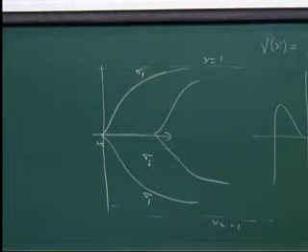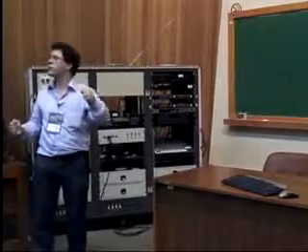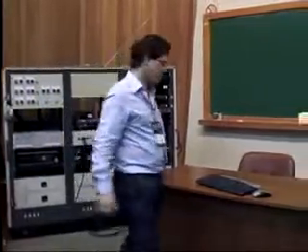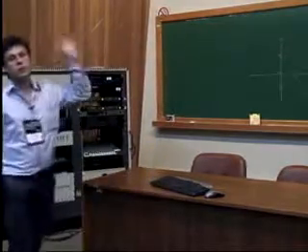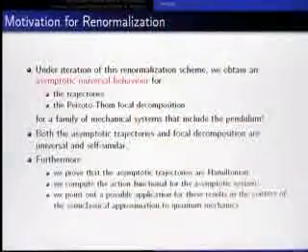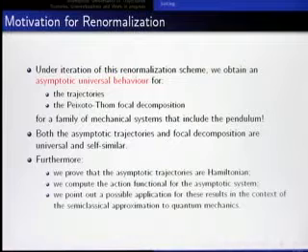You go forward in time, you consider small velocities, and then we rescale back to have a meaningful size. Okay, so under iteration of this renormalization operator, we obtain an asymptotic universal behavior for the trajectories and the Peixoto-Thom focal decompositions for a large class of mechanical systems that include the pendulum.